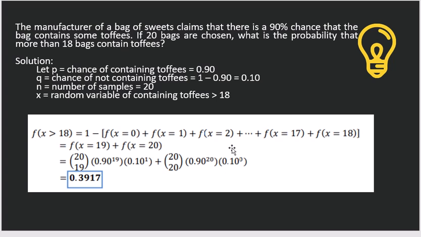You add all of those. So we have 20 as the maximum, and we have 19. So we have 0.90 multiplied by 0.10 plus 20 choose 20, and we have 0.90 raised to 20, quantity 0.10 raised to 0. You're going to have 0.3917.